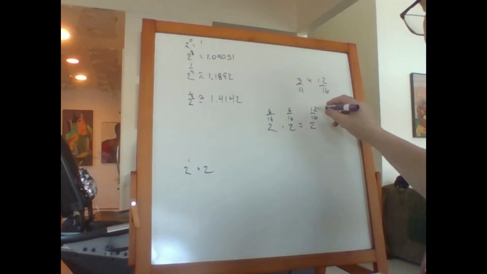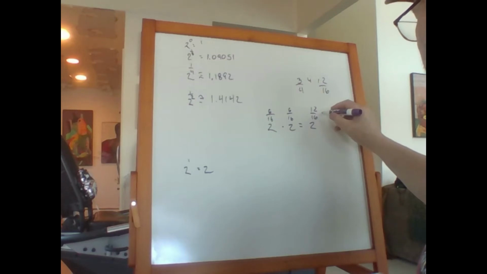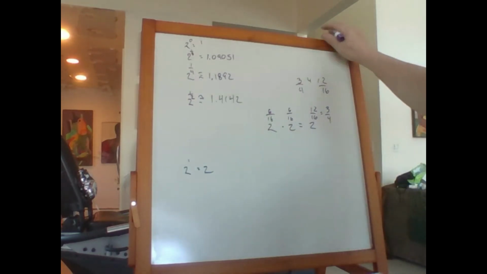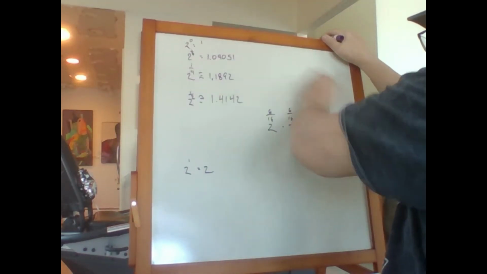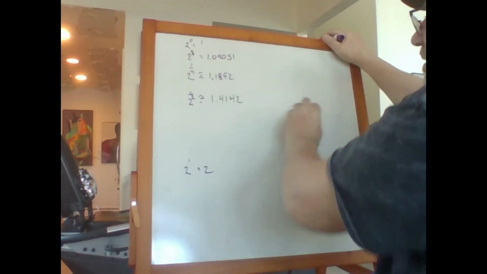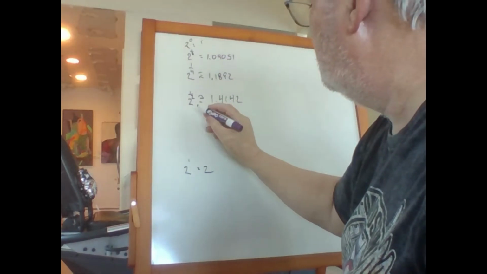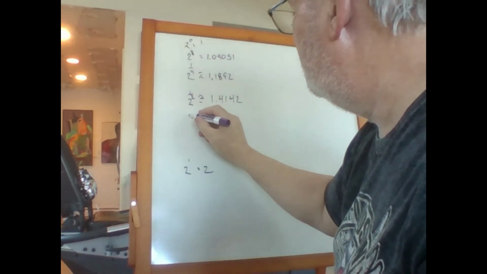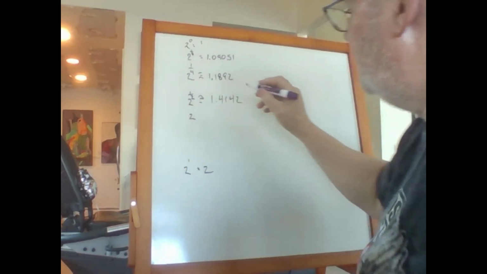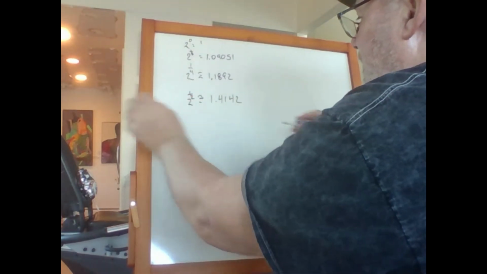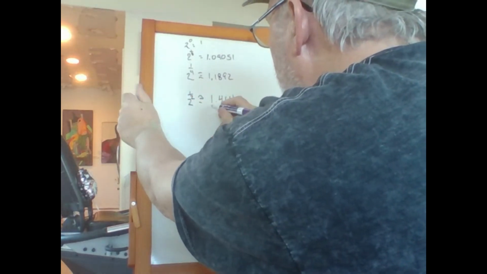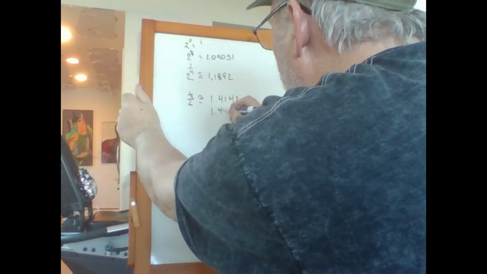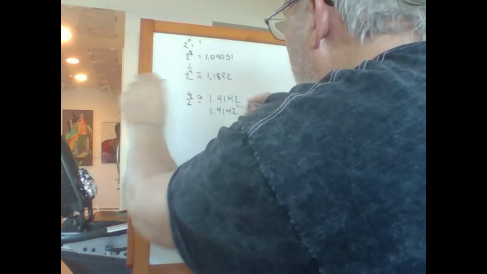And that's divided by 4 equals 3/4. Okay, so let's write this down a little bit further. 2 to the 1/2 equals 1.4142.